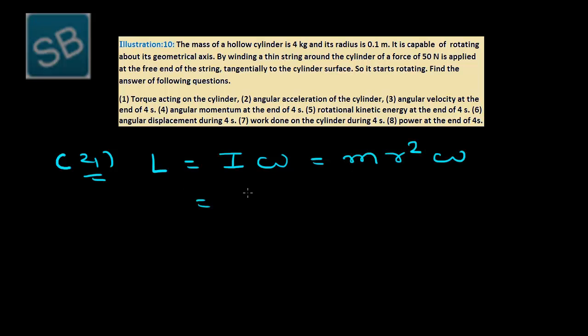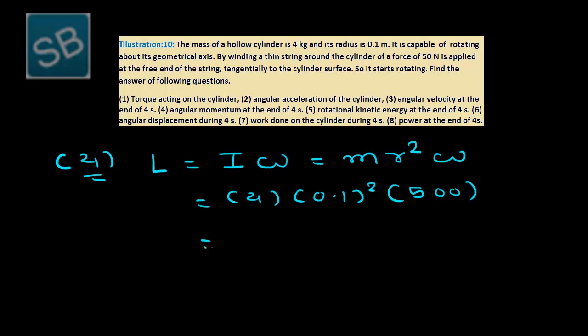The next one is angular momentum at the end of 4 seconds. So the angular momentum L is given by I omega. But the value of I is mr square, and then omega. Here the value of m is 4 kg, r is 0.1 square, and the value of omega we have just obtained, it is 500.